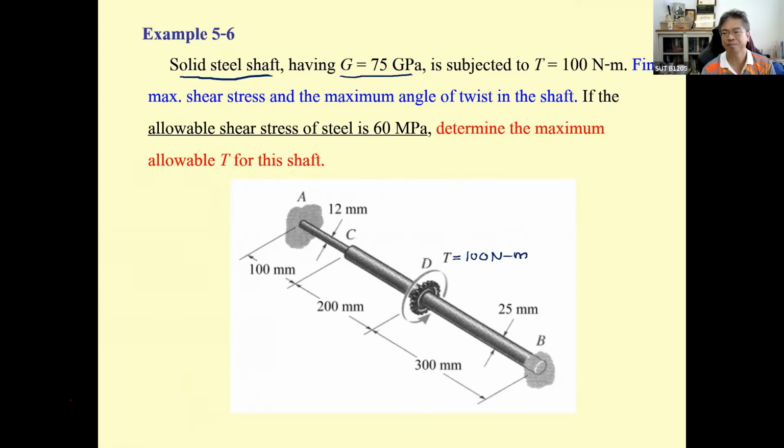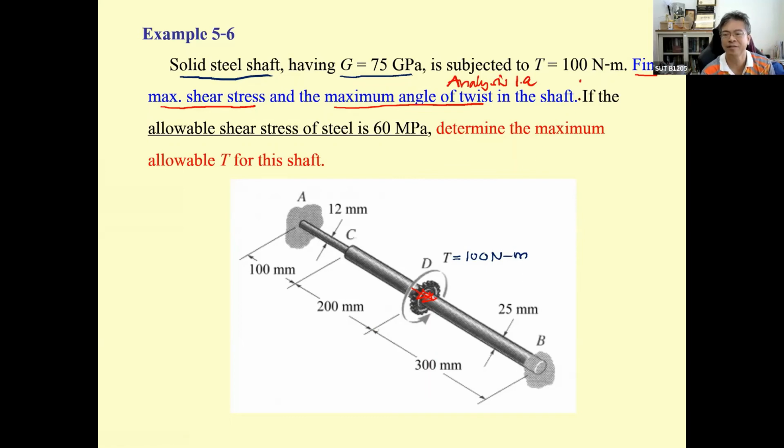And if you use your finger, rotating in the same direction, you will get the 100 Newton meter in this direction. And then they ask us to find the maximum shear stress and maximum angle of twist. That is going to be the problem analysis 1.A.